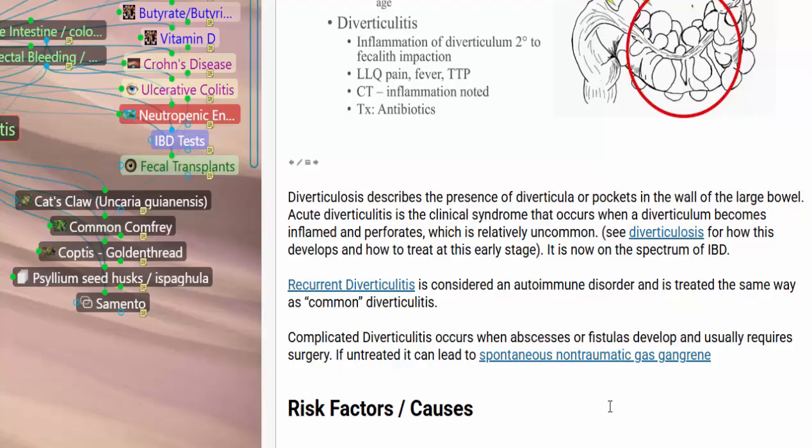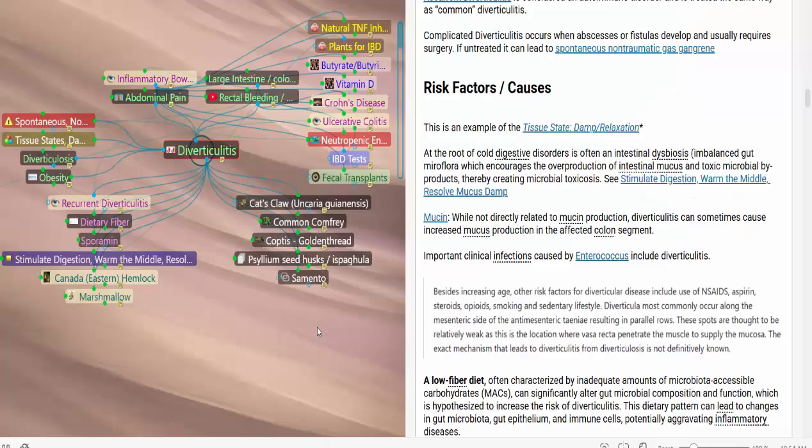Complicated diverticulitis occurs when abscesses or fistulas develop and usually require surgery. If untreated, it can lead to spontaneous, non-traumatic gas gangrene. That's a hyperlink. If you want to learn about that, click on it. Diverticulitis is considered one of the manifestations of inflammatory bowel disease, by the way.